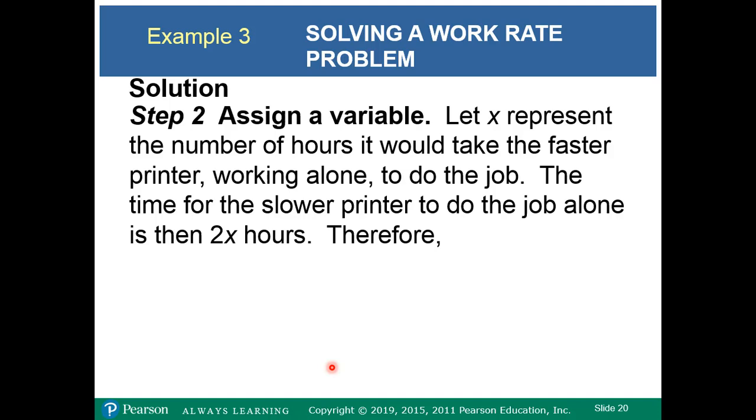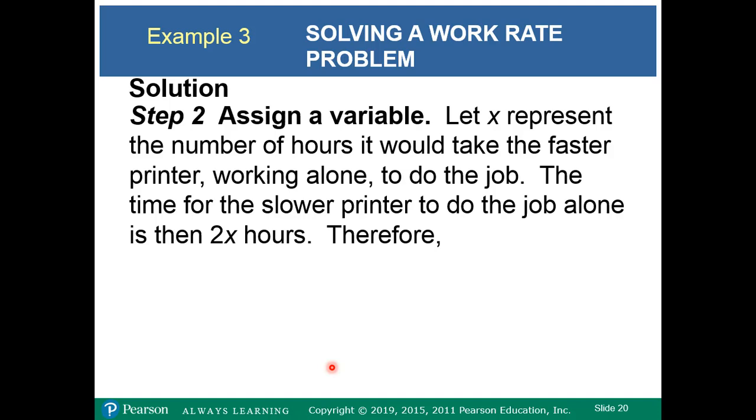So let x represent the number of hours it takes for the faster printer working alone to do the job. The time for the slower printer to do the job alone is then twice as long, right?